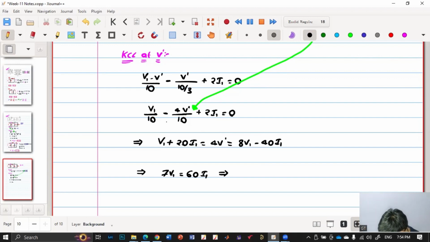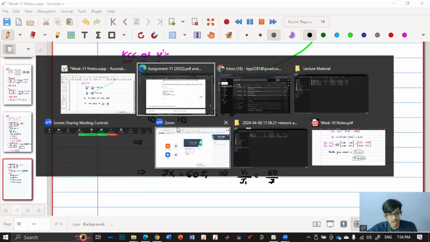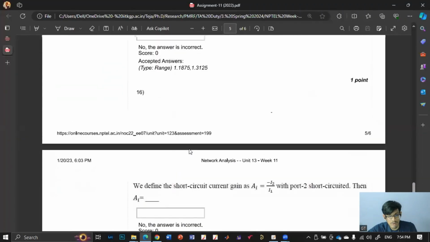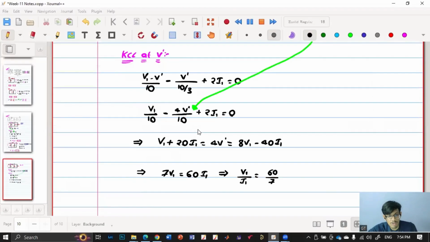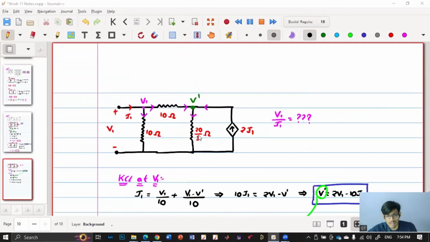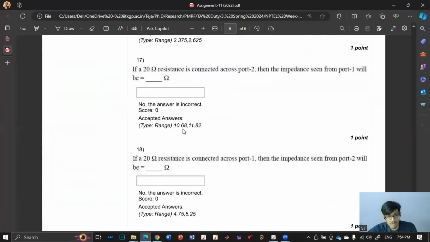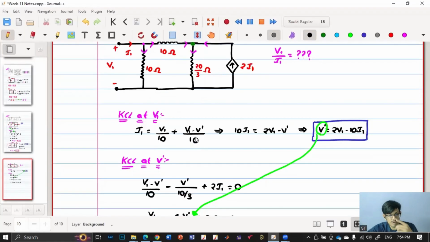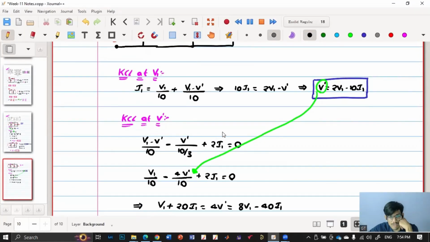So V1 by I1 is 60 by 7. So it is close to 5 point something, and we'll see whether it is same or not. First, we got 1.25, and then minus 2.5, and this answer is still wrong. So we'll check where we have made some other mistake.